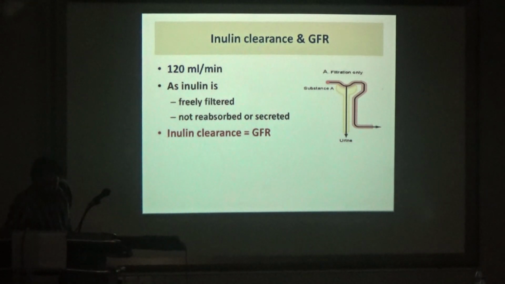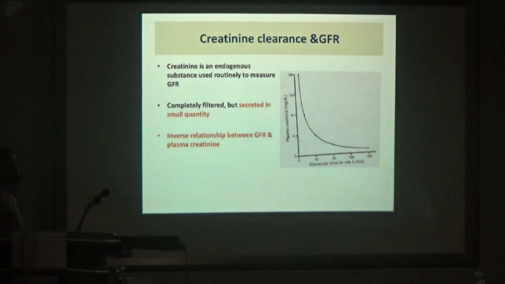Think of the creatinine clearance. Creatinine is an endogenous substance, another substance apart from inulin. Inulin is costly. Apart from inulin, to measure GFR you can use another substance with the same properties we discussed initially: not metabolized, stable, non-toxic, not reabsorbed, not secreted. That substance is creatinine.